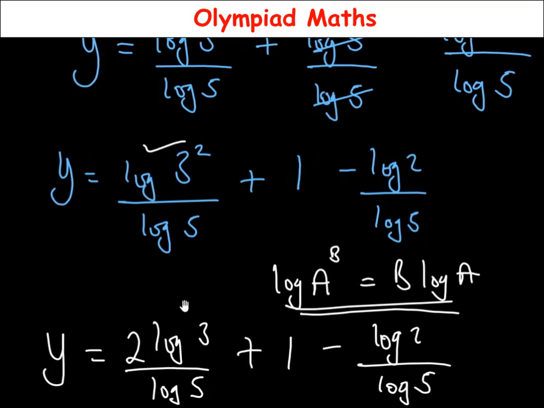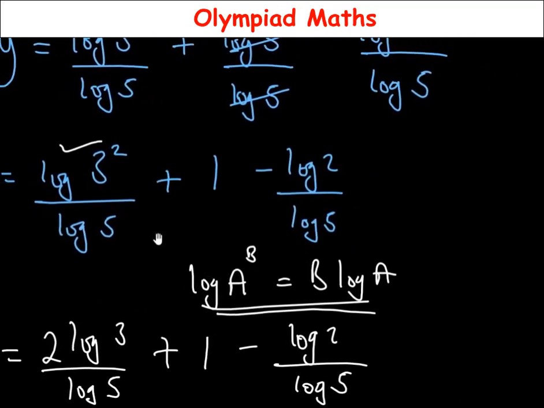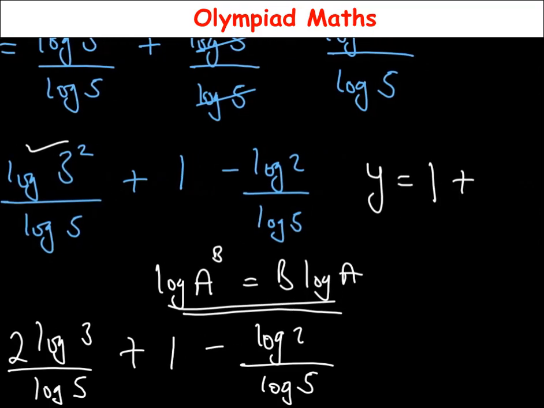From here, the value of y, okay, y is then equal to, let us rearrange this so that plus 1 comes first. So 1, then plus, we have 2 log 3 over log 5, right?